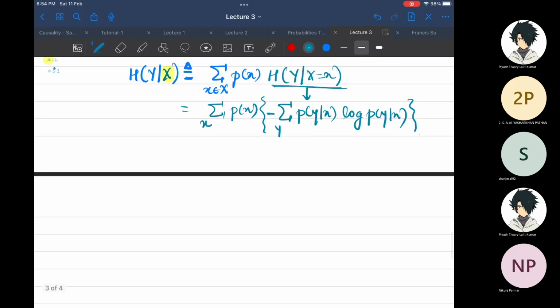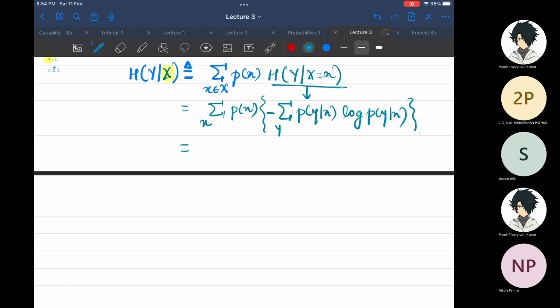Now if I have to simplify what this term is, I can take this negative sign outside, and I can combine the two sums. There are two sums, this is the first sum, this is the second sum. I can club them. So one sum is over x, another sum is over y, and it will become p of x, p of y given x, log of p of y given x.